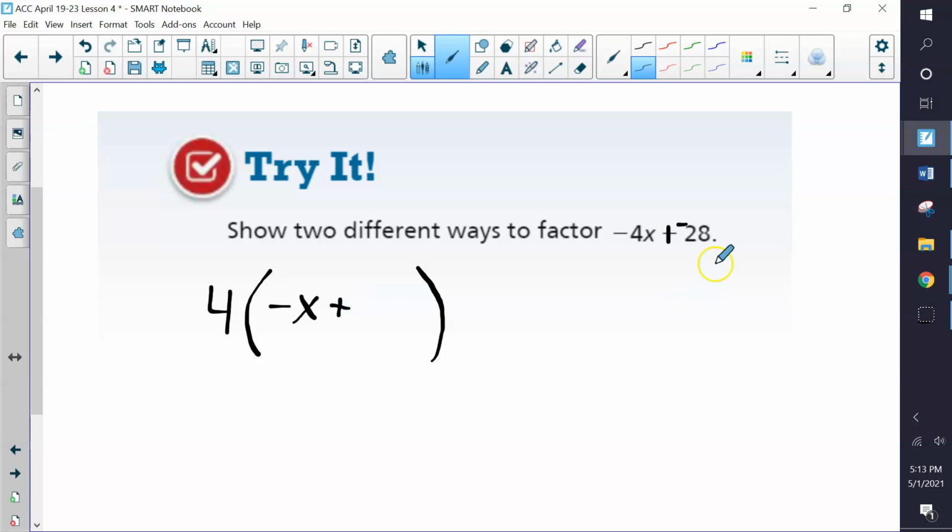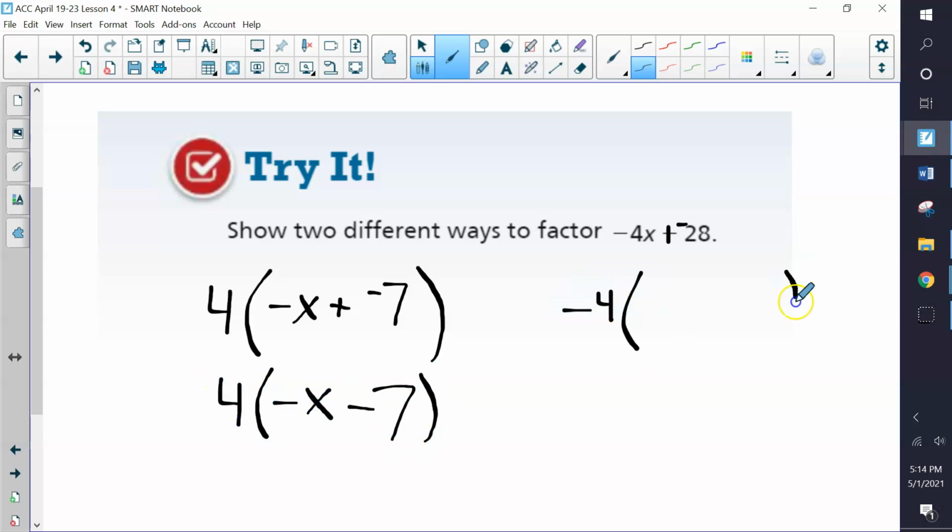And then negative 28 divided by positive 4 is negative 7. So we end up with this, and of course we can rewrite it like that. And if we factor negative 4, negative 4 divided by negative 4 is positive 1 plus, and negative 28 divided by negative 4, positive 7. Here we go, and that's it.